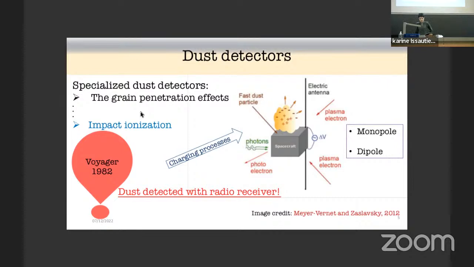Also, if we use radio receivers for dust detection, we should notice that there are two kinds of receivers: working in dipole mode, which measures the potential difference between the antennas themselves, and monopole mode, which measures the potential between the spacecraft body and the antenna.